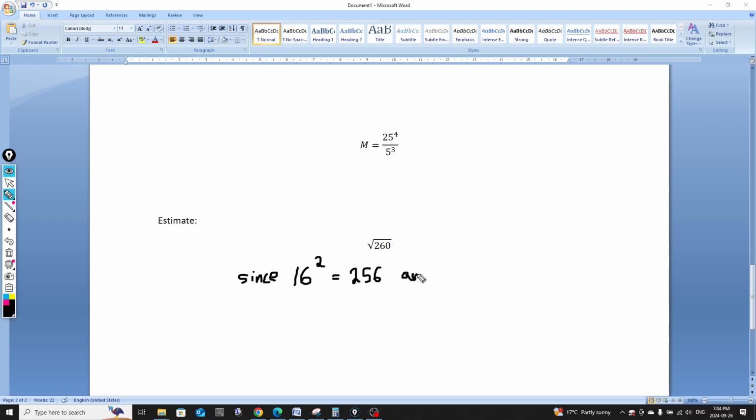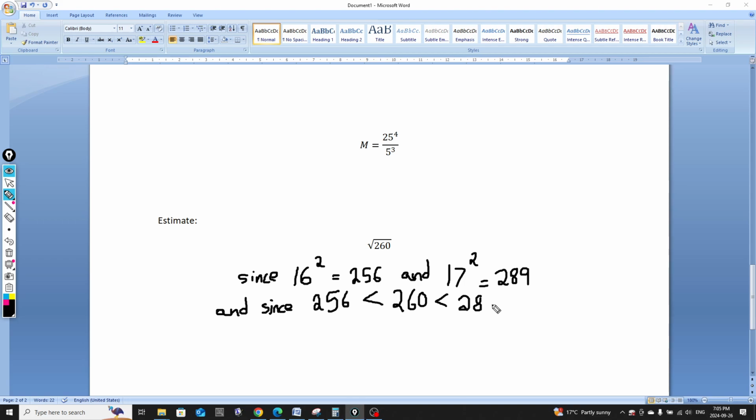and 17 squared equals 289. And since 256 is less than 260, which is less than 289, then it follows that the square roots of these would also follow the same pattern, right?